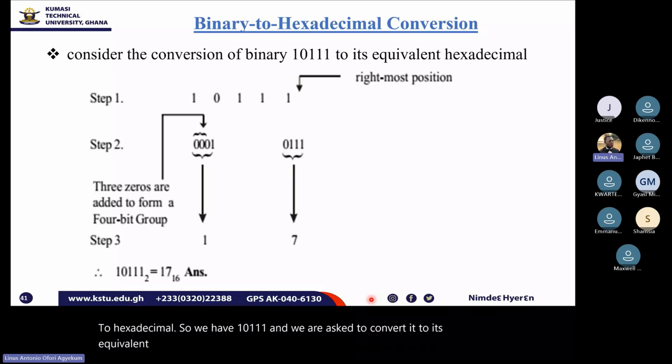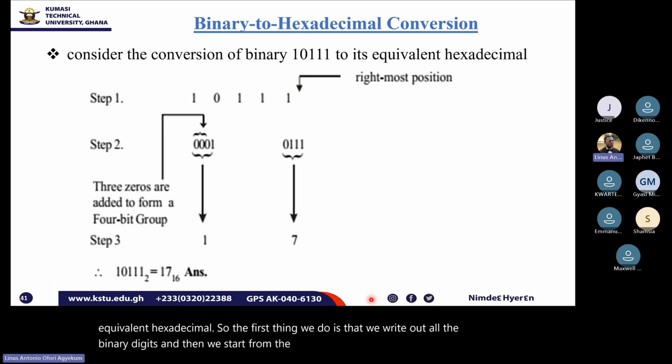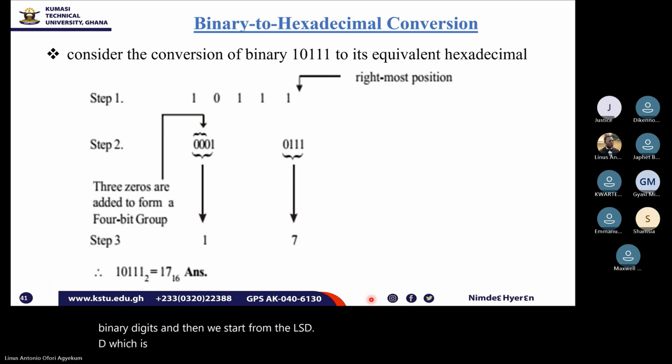So the first thing we do is write out all the binary digits, and then we start from the LSD, which is the rightmost position. We take the first 4 digits, and that will be 0111, if you are starting from the right.